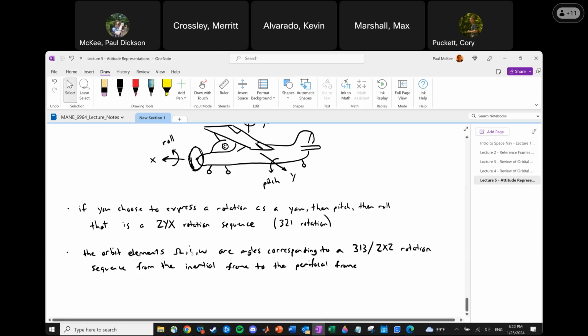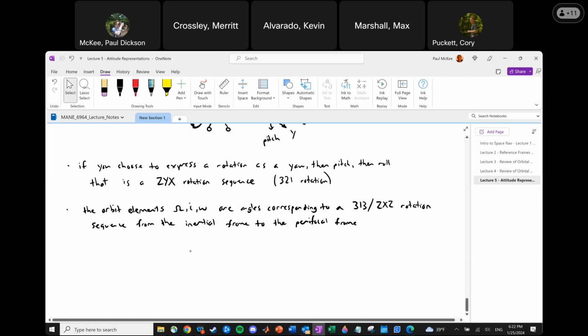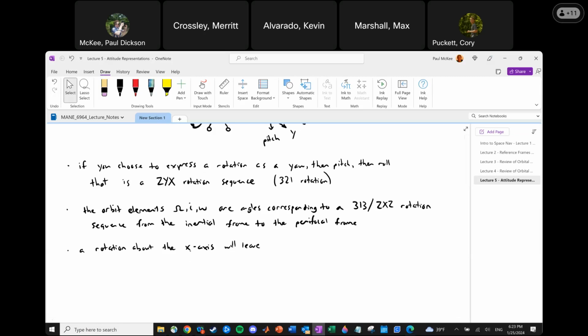Thank you very much. So one other crucial point to make here is this. A rotation about the x-axis will leave all points along the x-axis untouched.